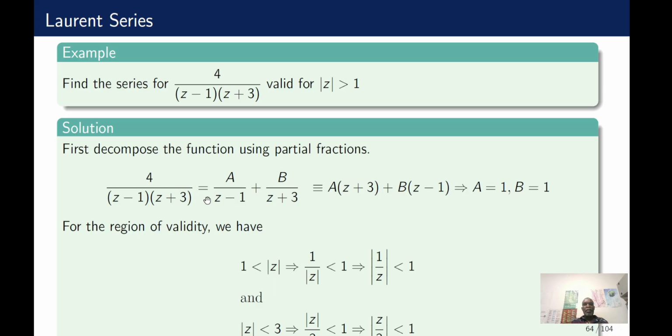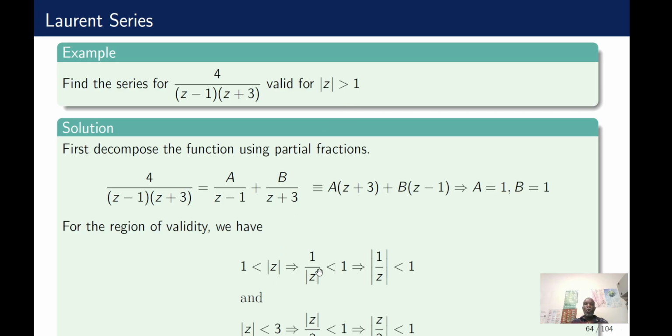We make it a over the first one plus b over the second one. It is equivalent to that series expansion, and it gives us both a and b equal to 1. So the region of validity is 1 less than modulus of z.